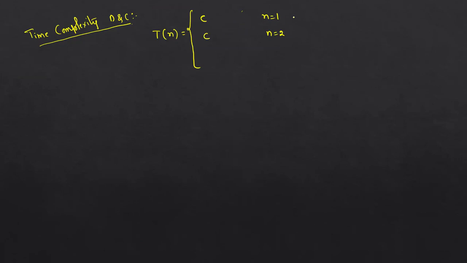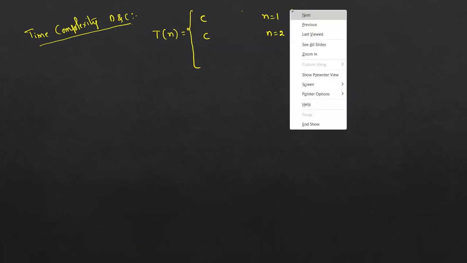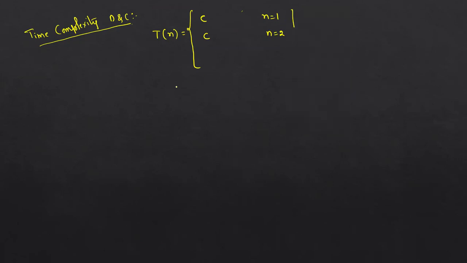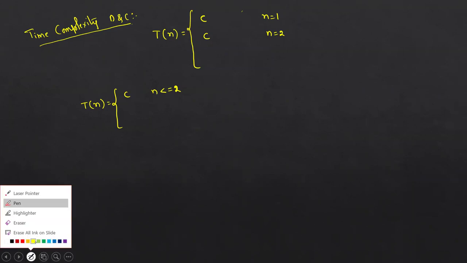So these two I am going to represent with one thing, that is T of n equals C when the n value is less than or equal to 2. The n value should not be minus 1 because we do not have such a matrix; otherwise, we can ignore this term.